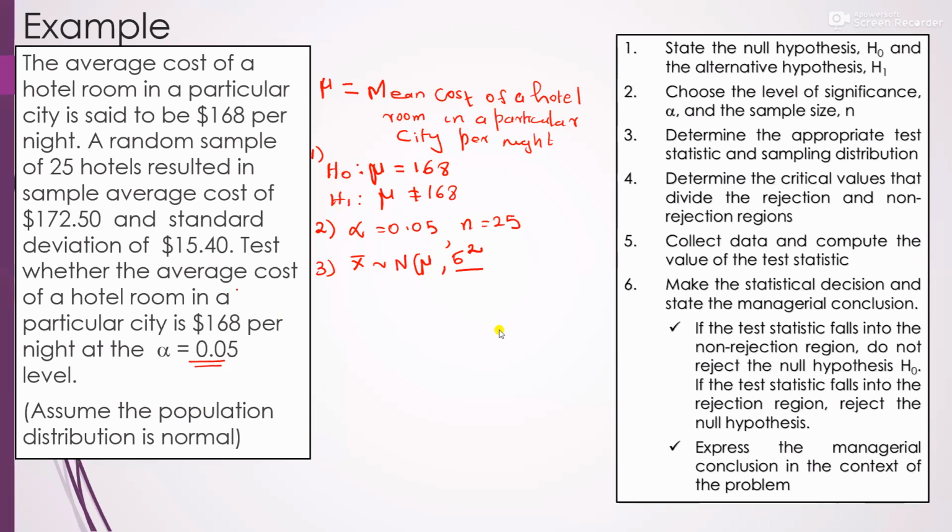That is 25. Because here we are taking a normal distribution, we say that the population distribution is normal. But sigma is unknown.